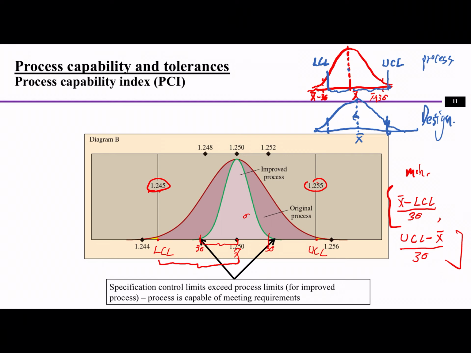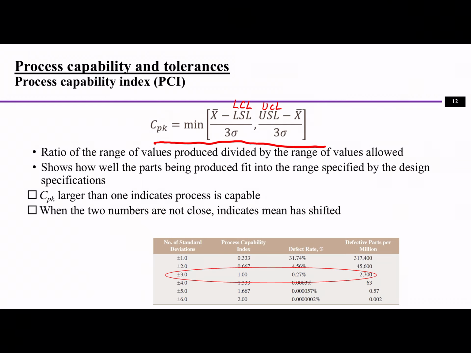So you can also tell from the process capability, by calculating the process capability index, whether the mean has shifted to the left or to the right. All right, so this is a very important item or knowledge that you need to understand: how do you interpret and calculate the process capability index? This is the equation.